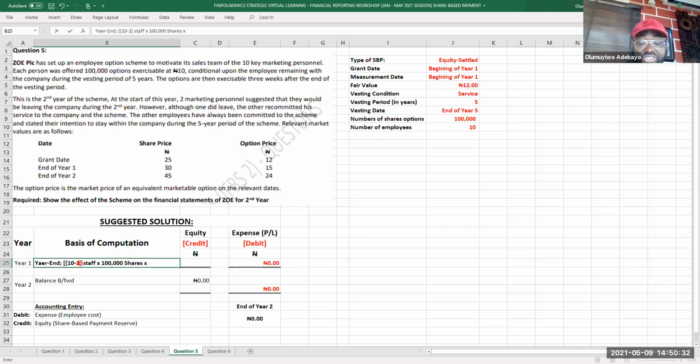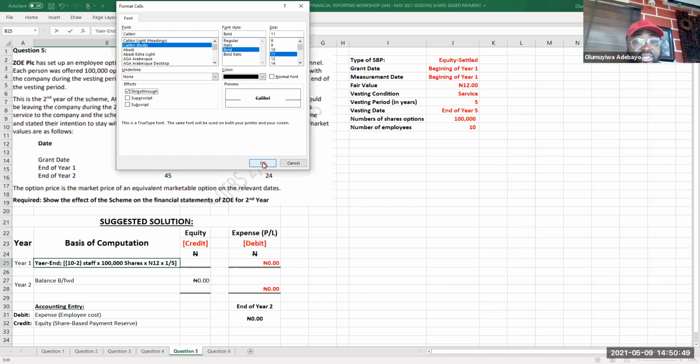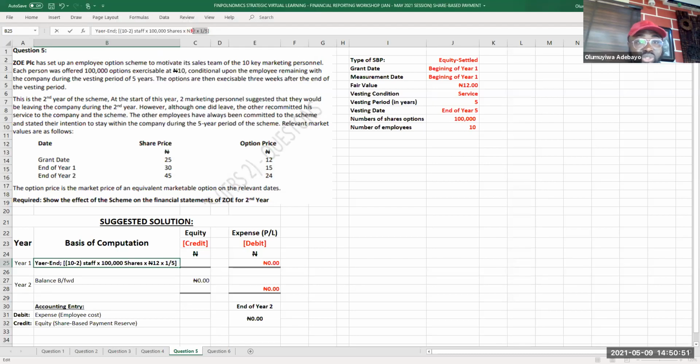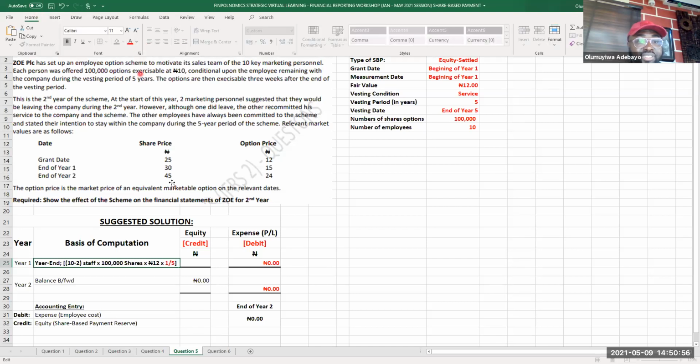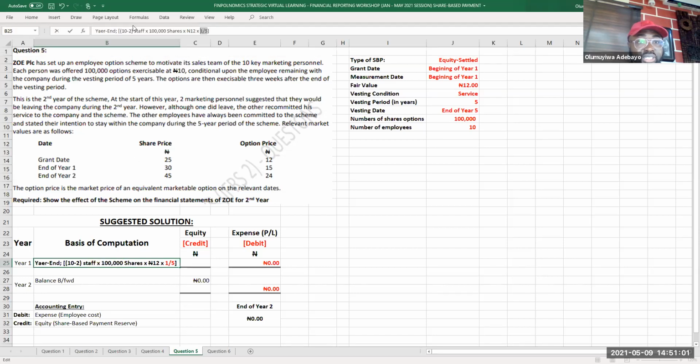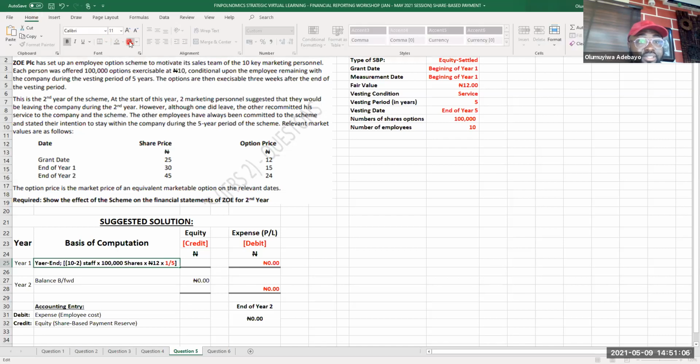The fair value of each share, according to the information here, is 12 naira. And we are in the first year out of the 5 years. That gives us our position. We'll use this as our basis of determining what to do. Those key variables that are subject to change are what I'm highlighting in red.